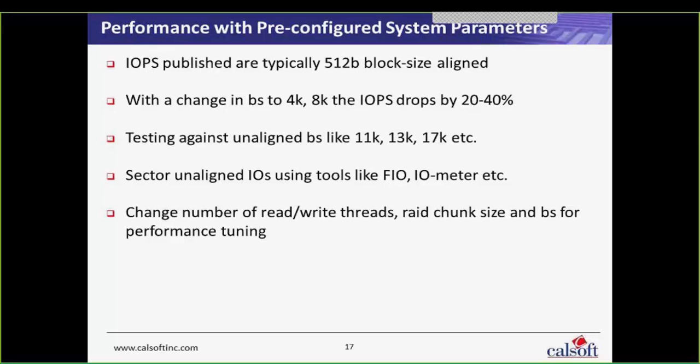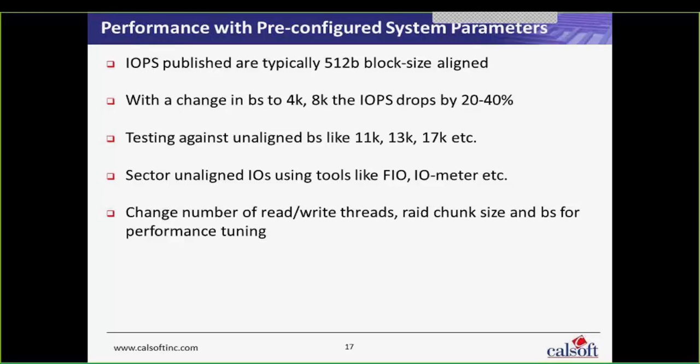For example, people don't publish their unaligned IO performance using tools like FIO or IOmeter, or any unaligned application like VMware bootstrapping, which produces a lot of unaligned IO to your underlying flash-based storage. This should be published, and tested by a flash vendor before submitting the performance results or releasing the product.